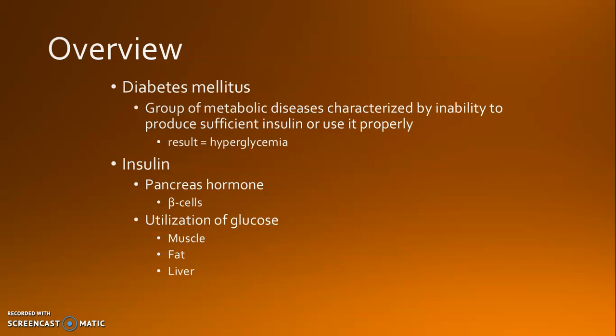So what happens is that your body will produce insulin through the pancreas hormone in the beta cells, and then the insulin helps to utilize glucose at the level of the muscle, fat, or liver cells. So these three cells will then take glucose up into their cells for use of energy.